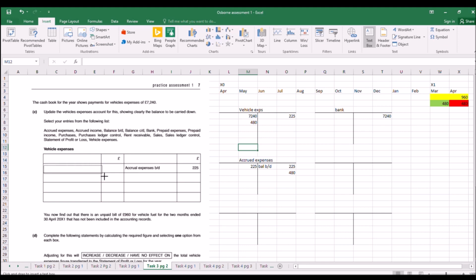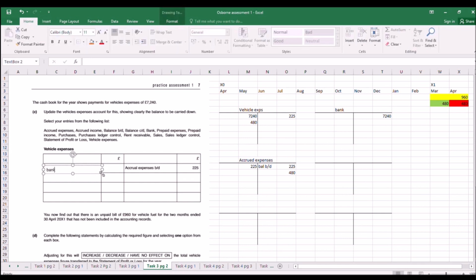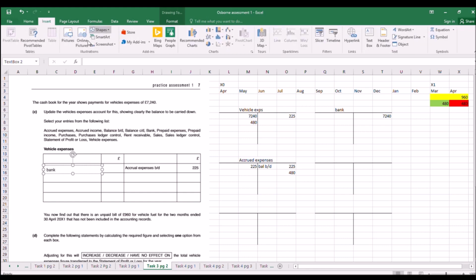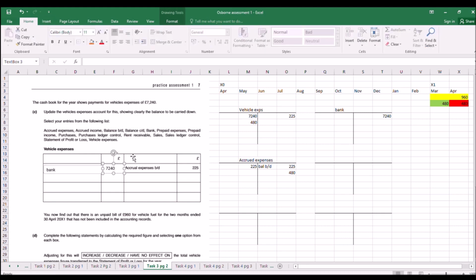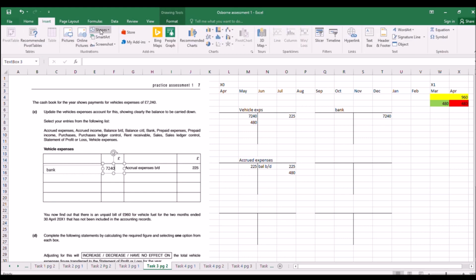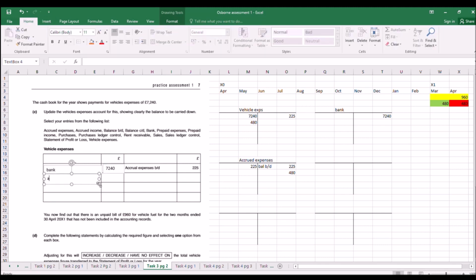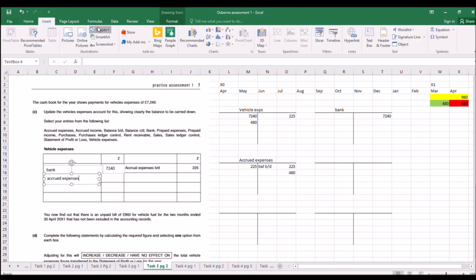We would have some form of bank of 7240. And then we've got accrued expenses, and that is our 480.